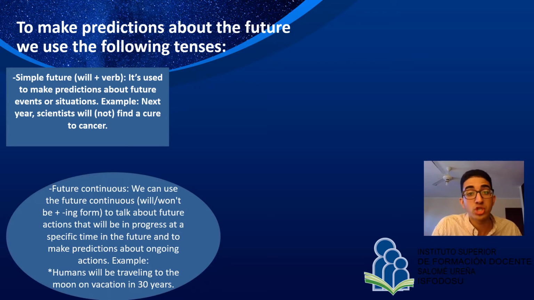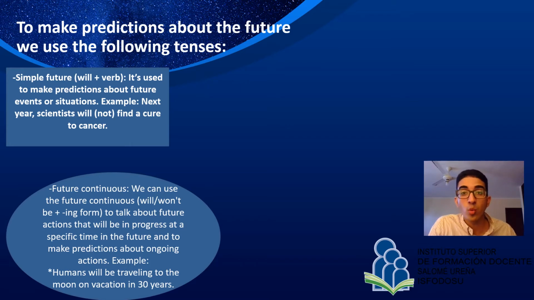Then we have the future continuous. The future continuous is used to talk about future actions that will be in progress at a specific time in the future and to make predictions about ongoing actions, actions that will be in process in the future. For example, humans will be traveling to the moon on vacation in 30 years.